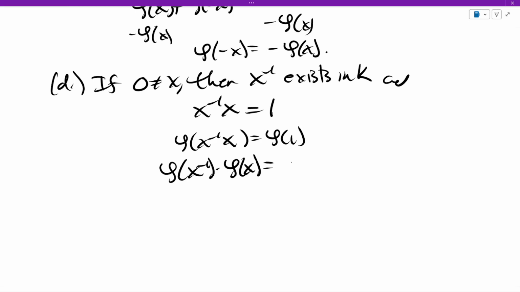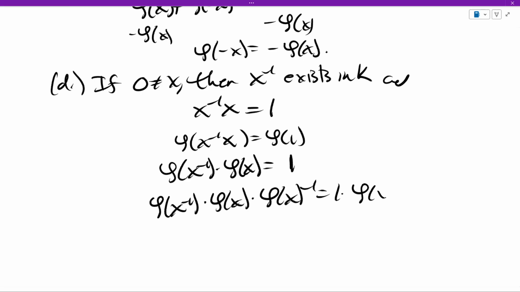And in part B, we proved that phi of 1 was 1. But again, phi of x is non-zero because x is non-zero and phi is 1 to 1. So we can divide by phi of x. So we're going to multiply both sides by phi of x inverse. That's what it means to divide by phi of x. And if we do that, these guys become 1. And we get exactly what we wanted to show.